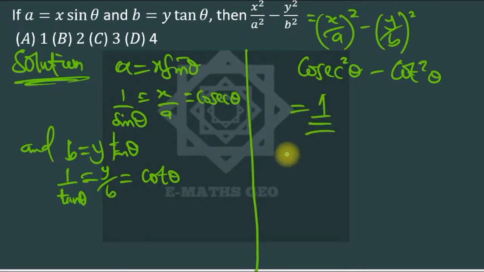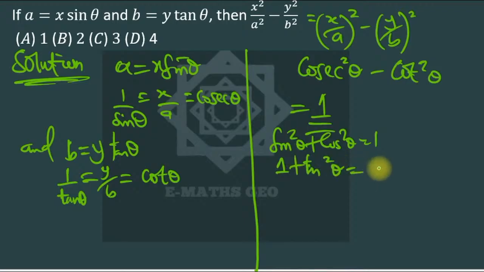Yes, we have three Pythagorean identities. We have that sine squared theta plus cos squared theta is 1. We have that 1 plus tan squared theta is sec squared theta. And we have that 1 plus cot squared theta, that's cot squared theta plus 1, equals cosec squared theta.